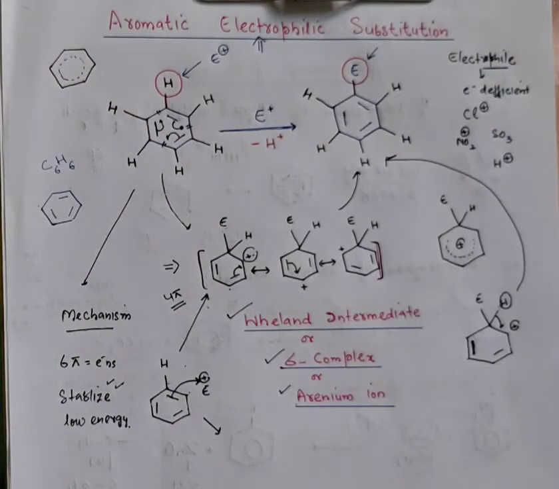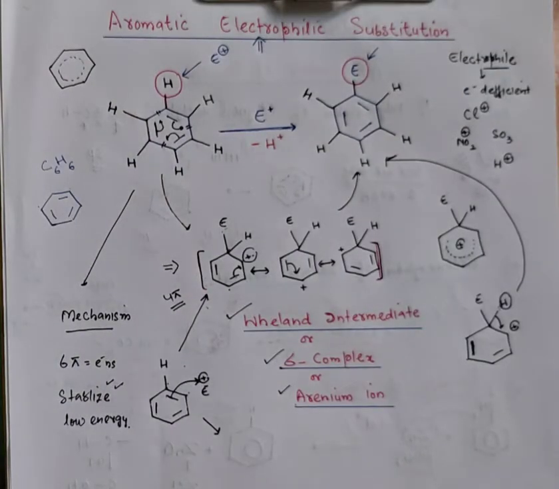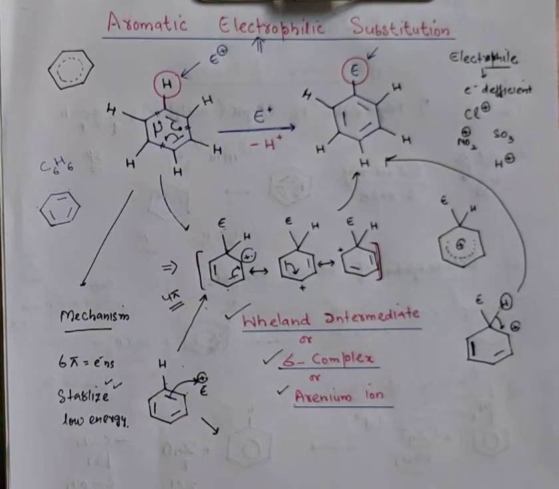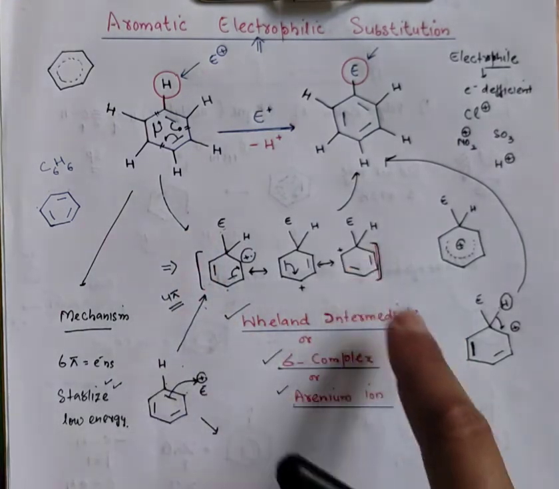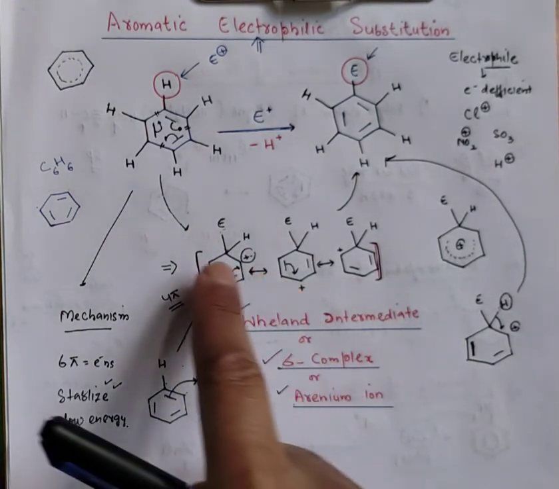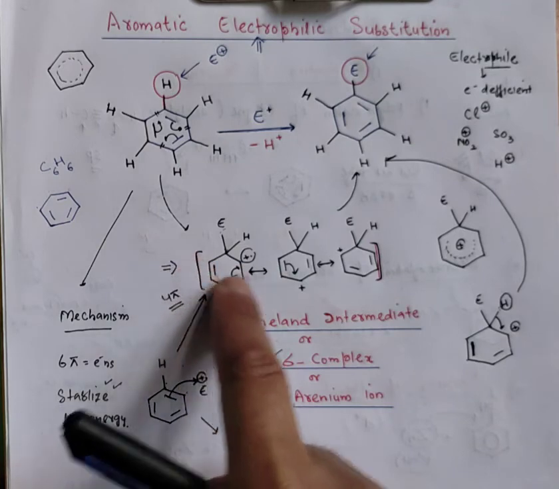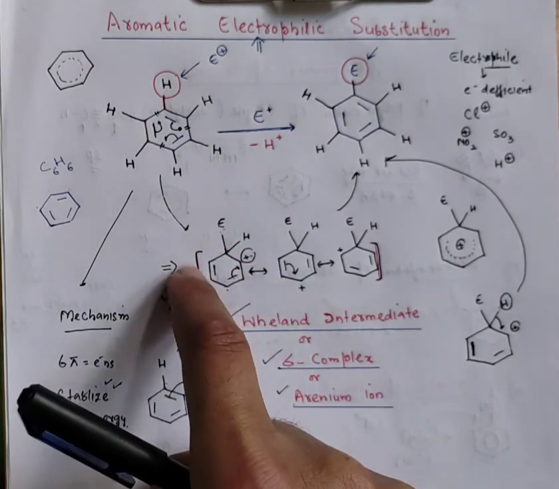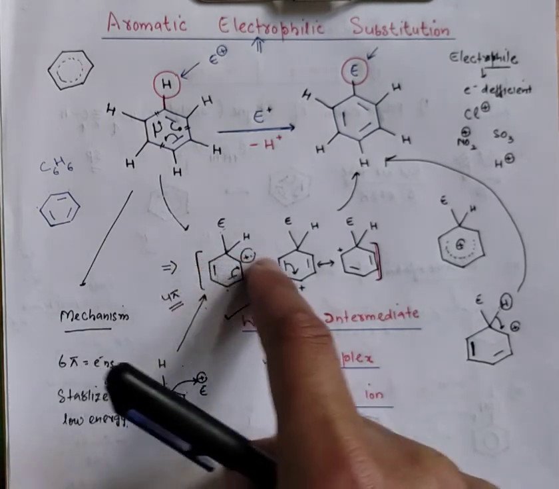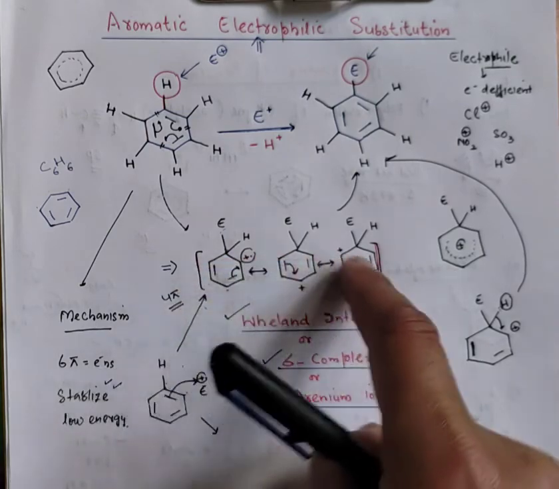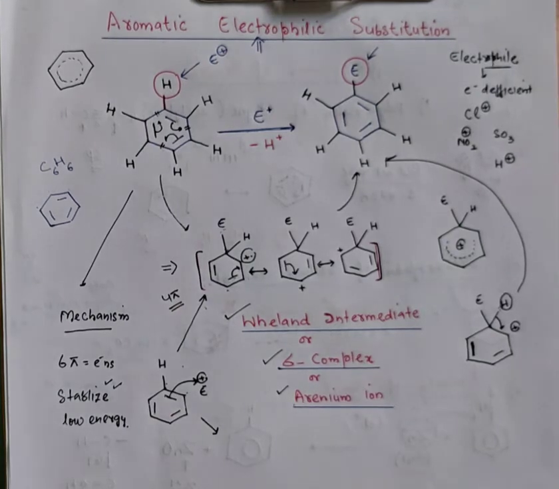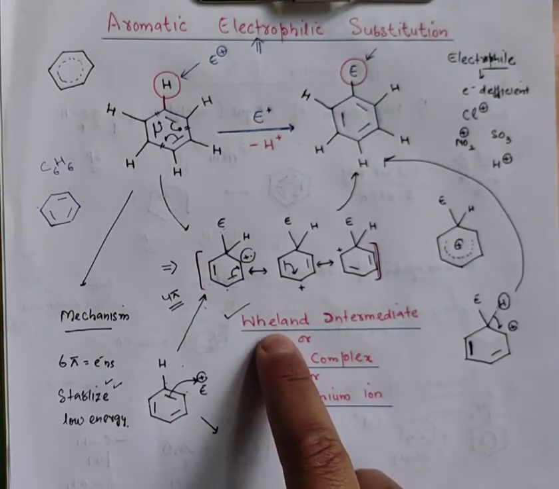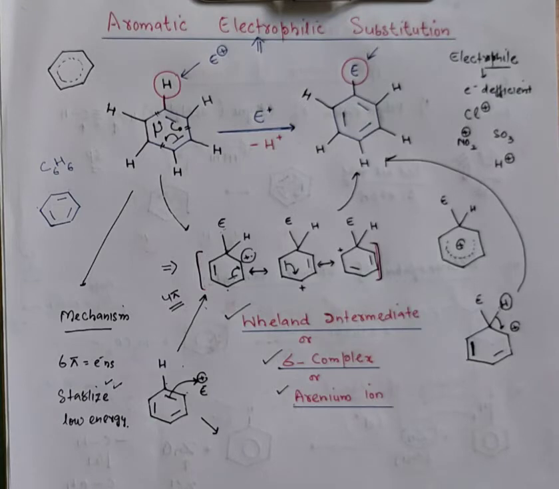So this is about the aromatic electrophilic substitution reaction. तो इसमें reason ये है कि the substitution takes place through the intermediate, that is called the Wheland intermediate. और वो intermediate जो होता है उसमें भी चूंकि conjugation होती है between the 5 carbons, delocalization of pi electrons between the 5 carbons, so we can show this in the form of 3 resonating structures. So वो जो intermediate है, it's also called Wheland intermediate, sigma complex or arenium ion. इस पे questions आते रहते हैं जो competitive exams होते हैं.